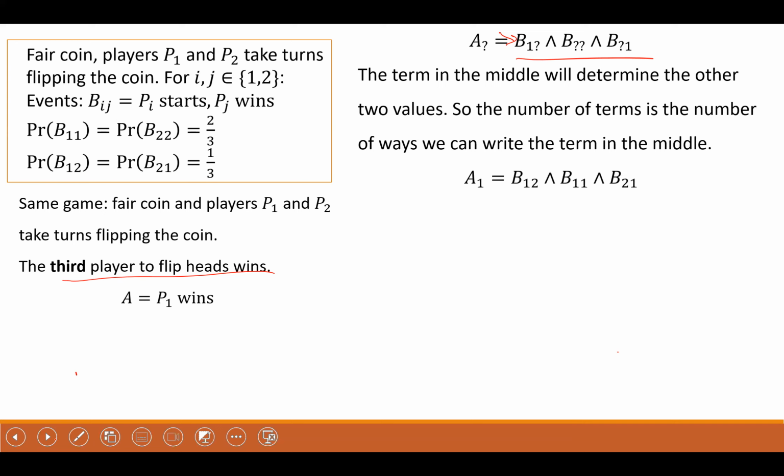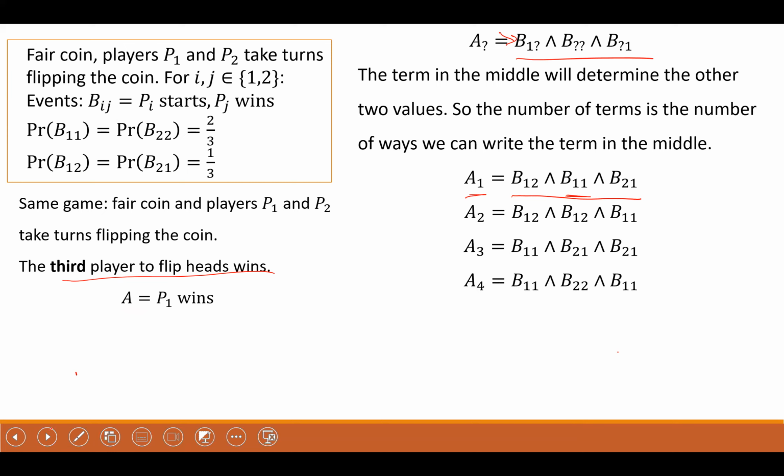And then you can figure out exactly how many of these intersections go into this. Yeah, so we can divide A now into 4 different subsets and express each as the intersection of some of these events.